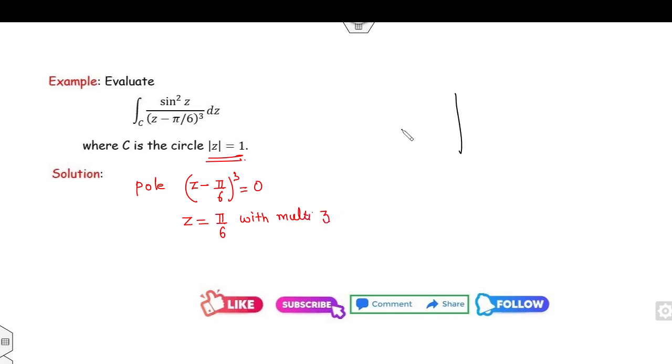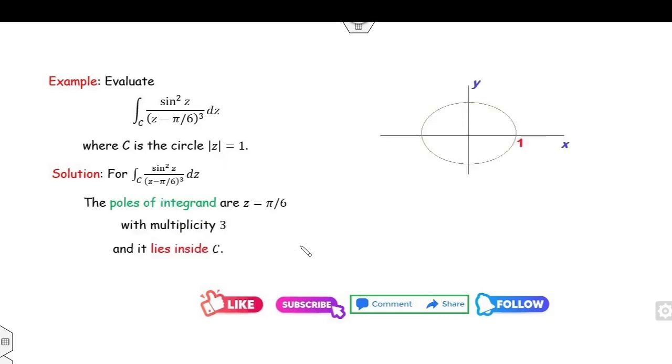Now you can check whether it lies inside the circle or outside the circle. This is my 1. So what is pi by 6? 3.14 divided by 6 is 0.5 something. 0.5 lies here, because its real part is 0.5 and imaginary part is 0. So it lies inside the circle.